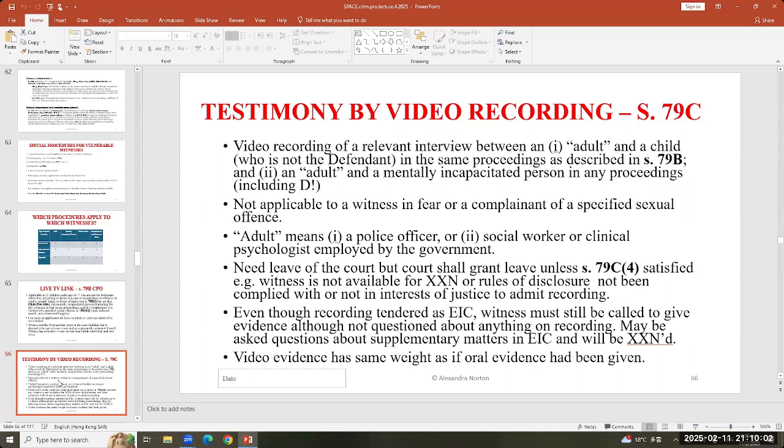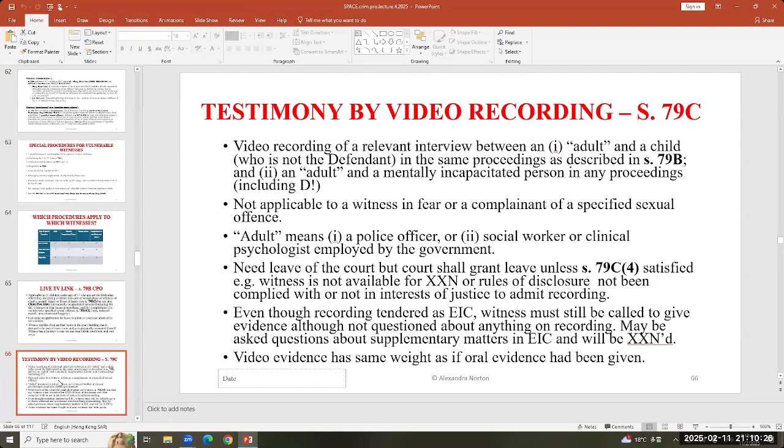And the court should give leave for this to be introduced unless the requirements of the section are not complied with. So let's say, for example, the child witness has subsequently died after the video recording has been made, right? That would be one situation in which the court would not give leave for that video recording to be introduced.